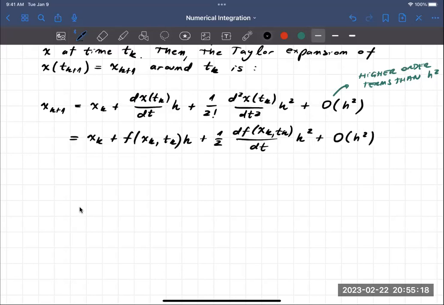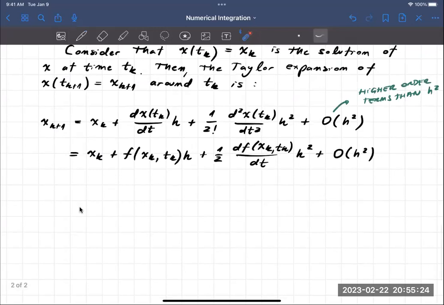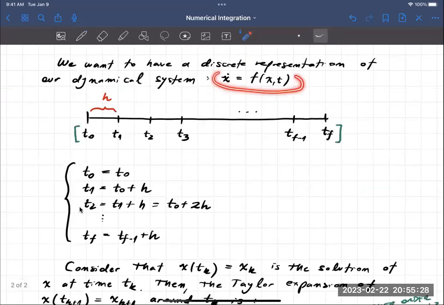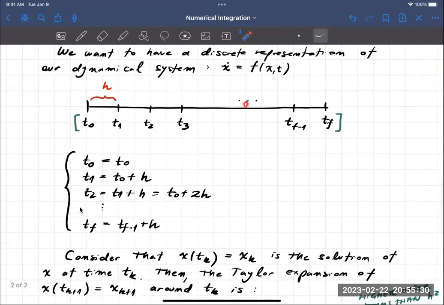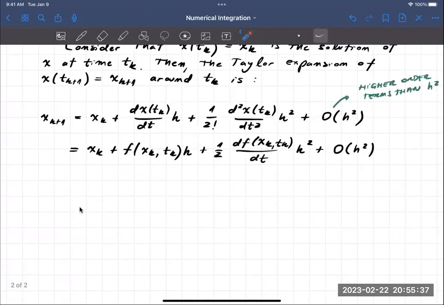Higher order terms. So we have some discrete representation now for the solution of the system in discrete time, right? For any time tk here in the middle. What we can do with this representation is use this information to approximate the solution.